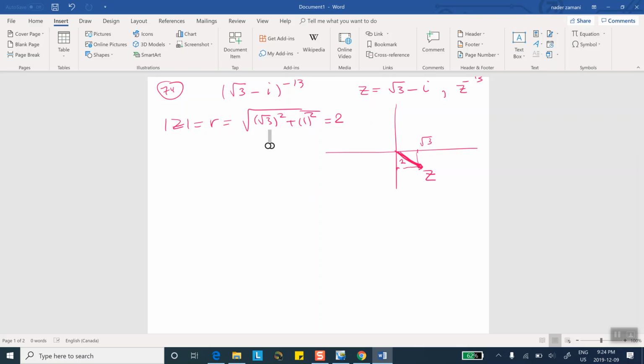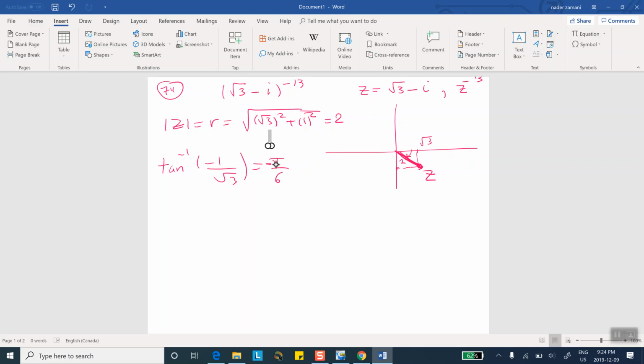Now if you look at the angle, I can go like that, or I can go like this, so it's going to be negative. So tan inverse of minus 1 divided by root 3, and your calculator will spit this out as pi over 6, but negative pi over 6.